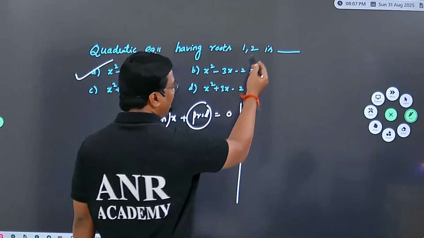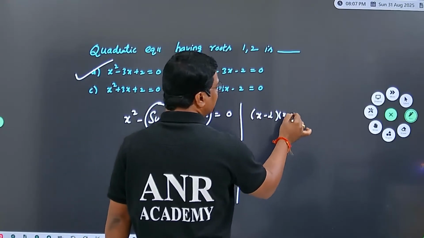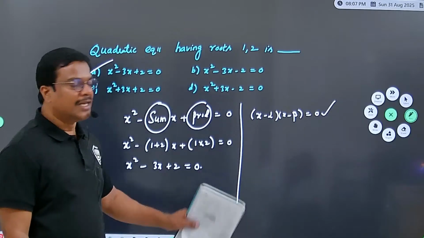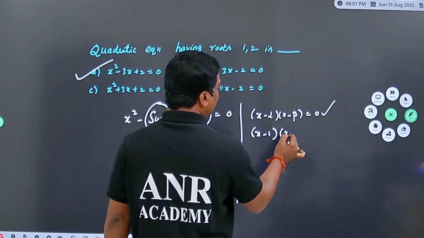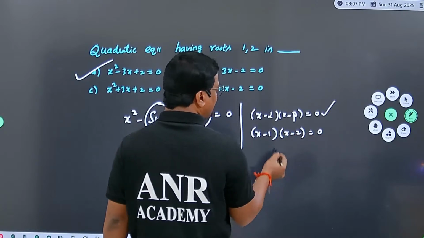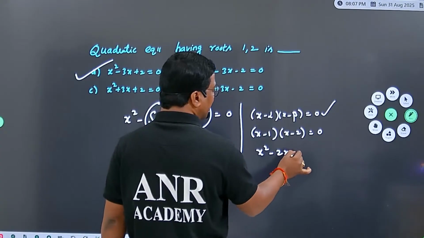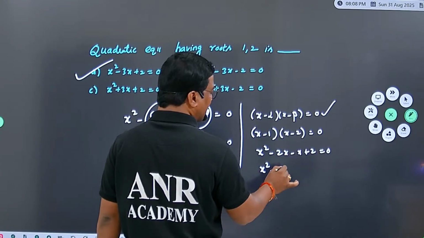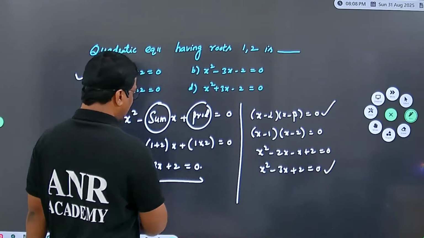And you may follow like this. Whenever alpha beta are the roots, x minus alpha into x minus beta equal to 0 indicates the second degree equation, and here one of the roots is 1 and the other root is 2. Multiplying these two, x square minus 2x minus x plus 2 equal to 0. After simplification again it gives the same result, x square minus 3x plus 2 equal to 0.